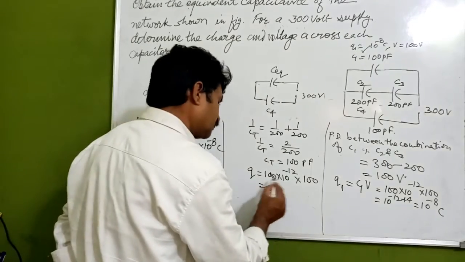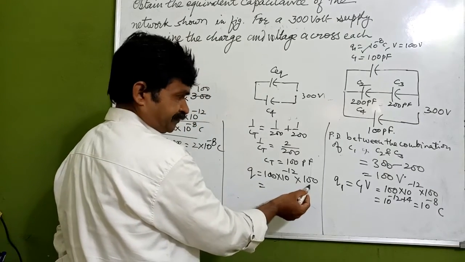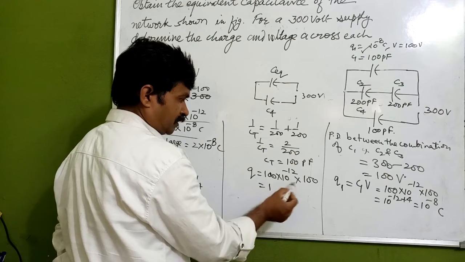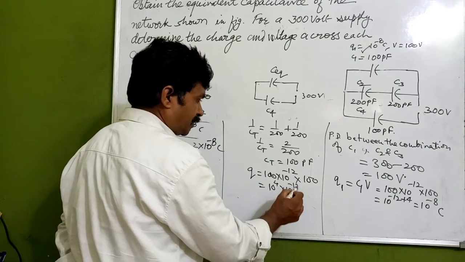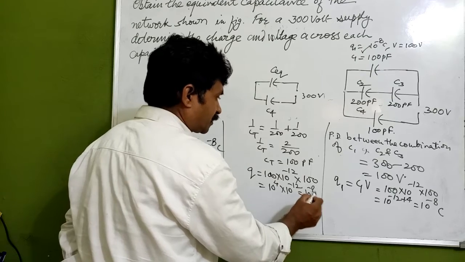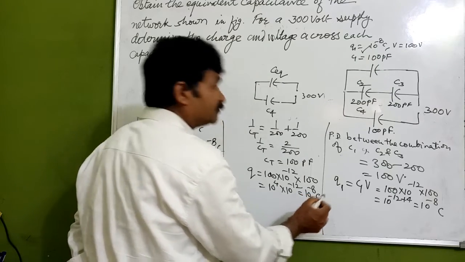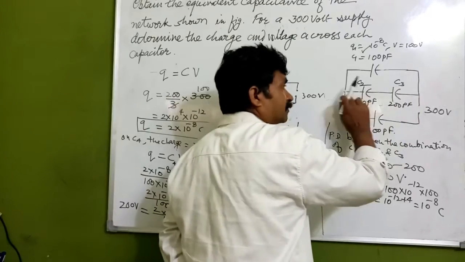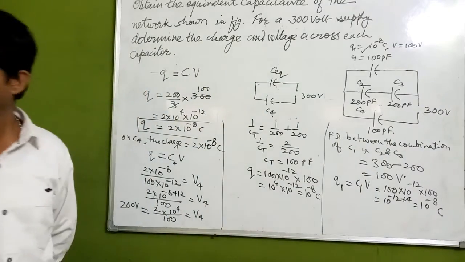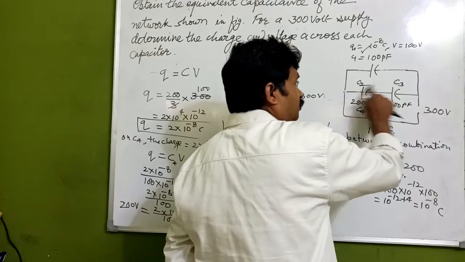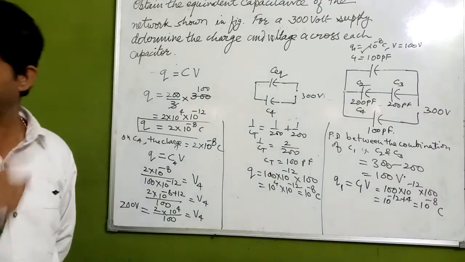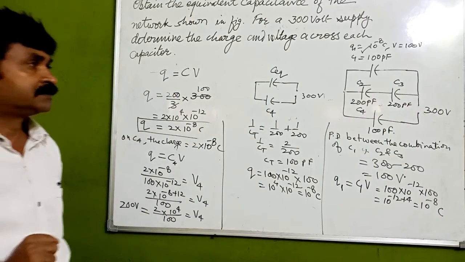So how much charge is there? 100 means 10 raised to the power 2 into 10 raised to the power minus 12, it is going to be 10 raised to the power minus 8 coulomb charge on C2 and C3, because both are in series.